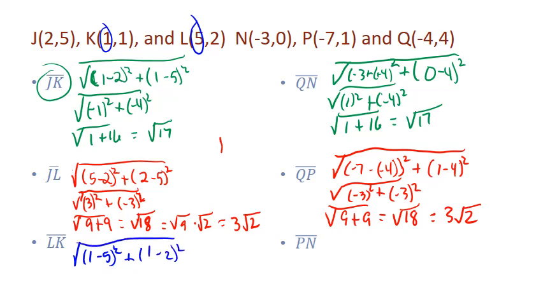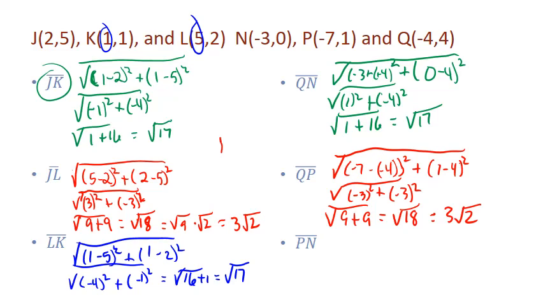Taking the square root of that. And so then we got the square root of 1 minus 5, which is negative 4 squared, plus 1 minus 2 is negative 1 squared, which then is equal to the square root of negative 4 squared is 16, negative 1 squared is 1, or the square root of 17.